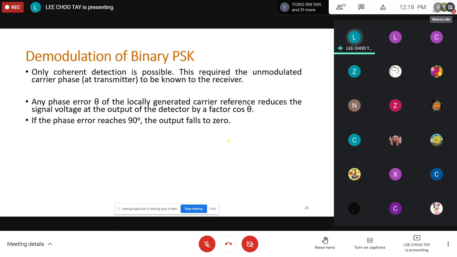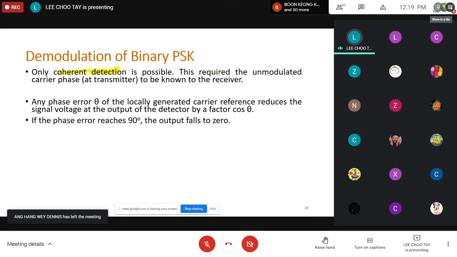For PSK, for the demodulation part, only the coherent detection method can be used, because we need to detect the phase angle. Phase angle detection requires the coherent method.